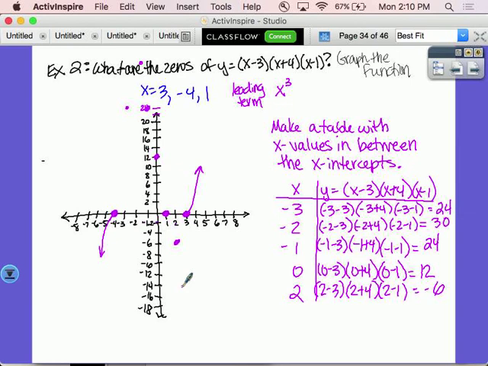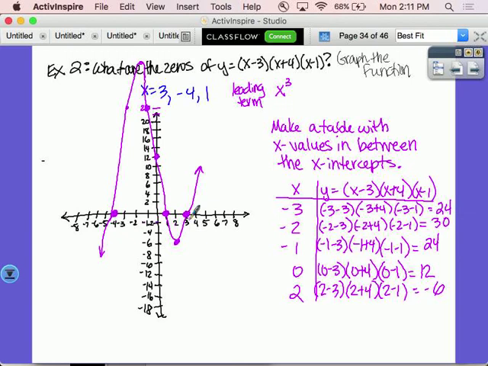Now, we don't know if 30 is the highest it goes. There might be some fraction like -2.5 that goes higher or -1.5 that goes higher, but it gives us a somewhat accurate, better than just guessing, sketch of the graph when you combine it.